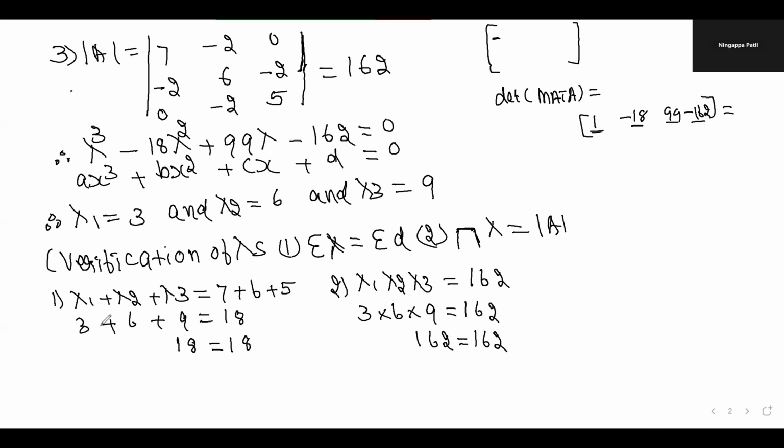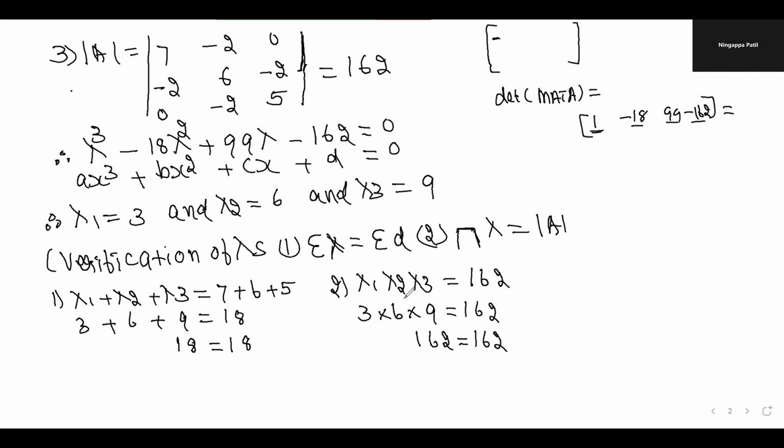Look here, summation of Eigen values, lambda 1 plus lambda 2 plus lambda 3, equals summation of diagonal elements, 7 plus 6 plus 5, and 3 plus 6 plus 9. You can add them, 18 equal to 18. Means your Eigen values are correct.